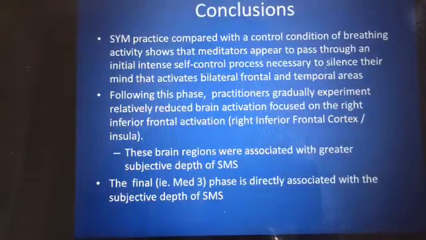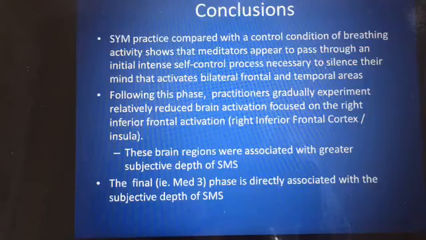So with Sahaja Yoga meditation practice compared with the control condition of just normal breathing activity, the meditators do appear to pass through an intense period of self-control when you are trying to consciously control your thoughts, and that activates certain parts of the brain, both in the frontal and in the temporal areas.